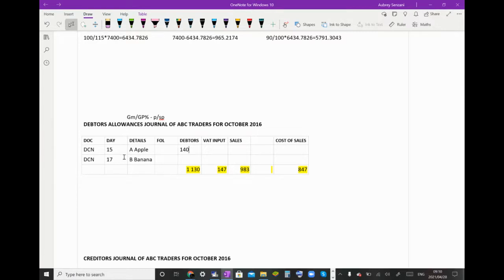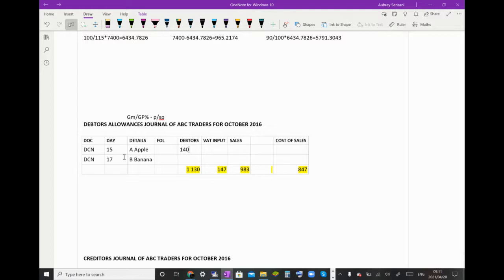Is this correct? To give you guys a little bit of a hint, what is going on in the debtors allowance journal? Remember in the debtors journal, we're saying somebody is buying from us on credit. In the debtors allowance journal, what's happening? Yes? It's returns.